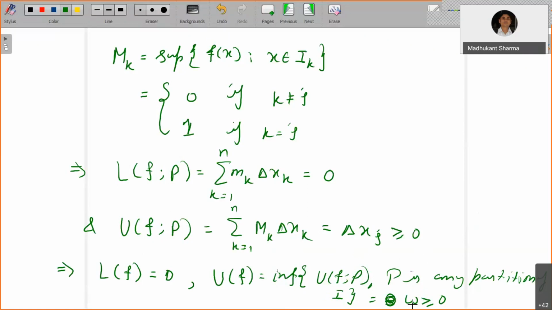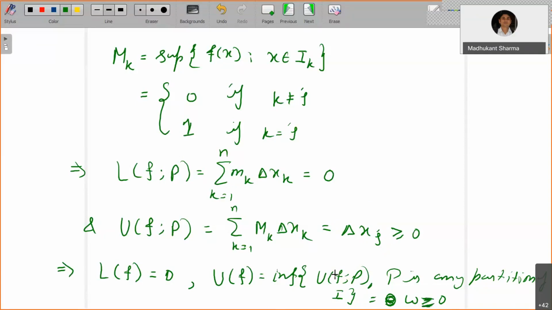So you can discard the possibility that w is greater than 0 by appropriately choosing a new partition P whose jth subinterval has length w by 2, where the half belongs. Then your assumption is wrong, so it is certainly equal to 0 only. You can work that out easily.